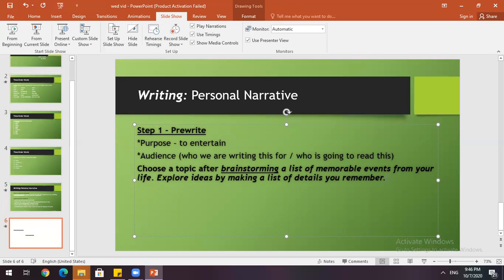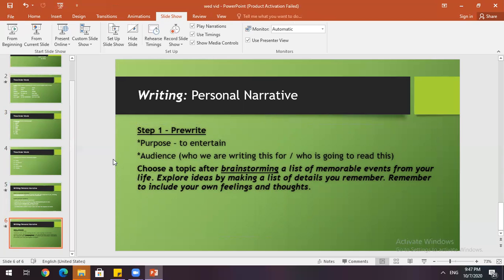And of course, we should remember to include your own feelings and thoughts. Later, we will organize these ideas that we are writing down. So this is the first step to pre-write.